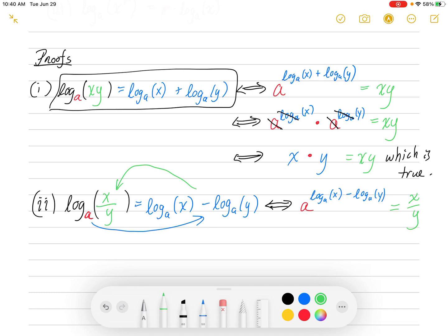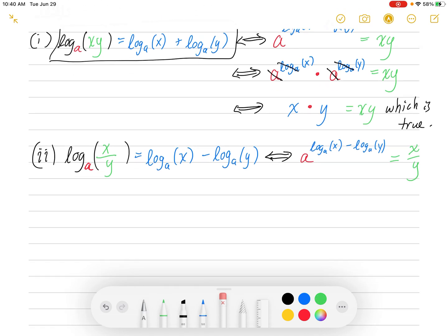I'm going to raise that to the blue power, log base a of x minus log base a of y. And that's going to be equal to what's in the argument in green, x over y. Now let's check this out and see if it's correct. If it is, then our property is right. It means we would have proven our property. Here we go.